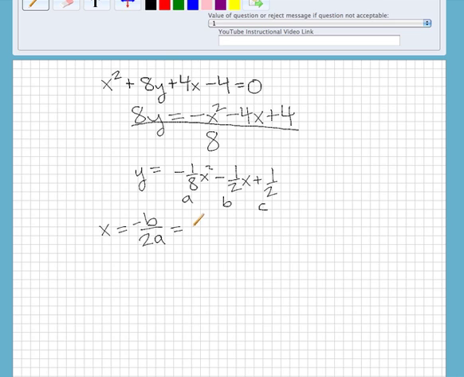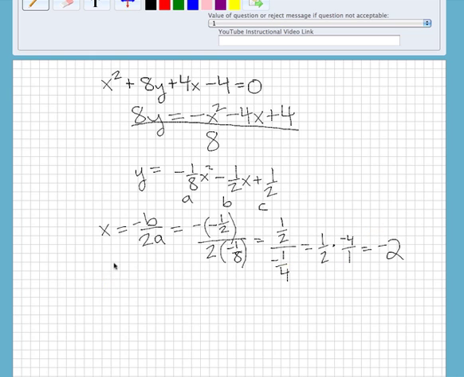So we're going to go negative, and b is negative 1/2, so I just plug that into the formula, all over 2 times a, which is negative 1/8. Okay, so we'll basically get 1/2, the negatives cancel, and you get 2 times negative 1/8 is negative 1/4. Okay, so we flip and multiply, so 1/2 times negative 4 over 1, so we get negative 2 for the x value of the vertex.